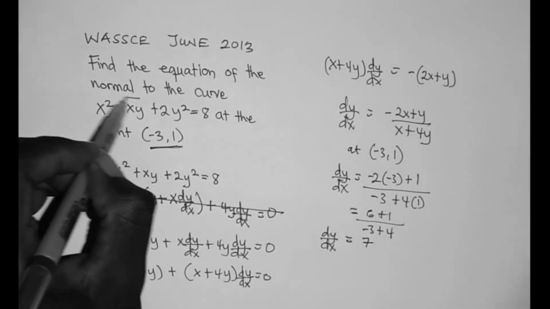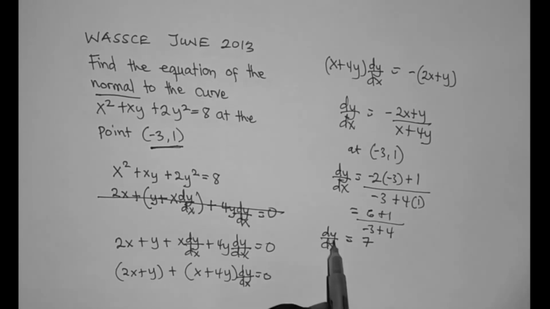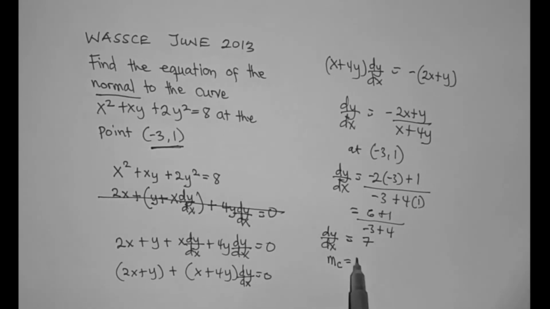However, he says that the equation is normal to the curve. It means that, let's assume this is mc, the gradient of the curve, which is equal to 7. Since it is normal to the curve, it means that it is perpendicular to the curve.